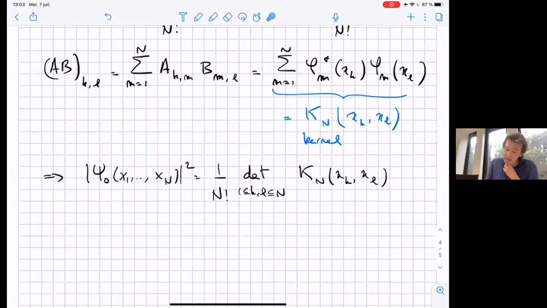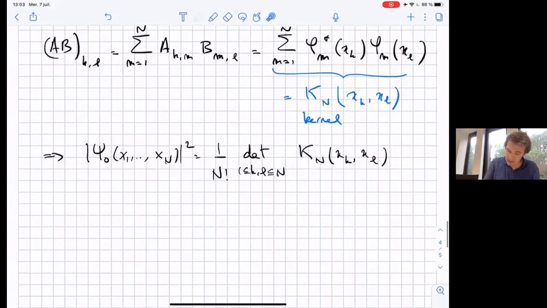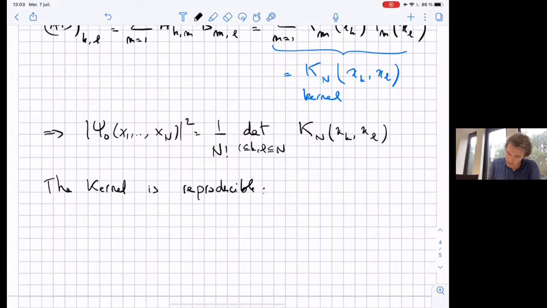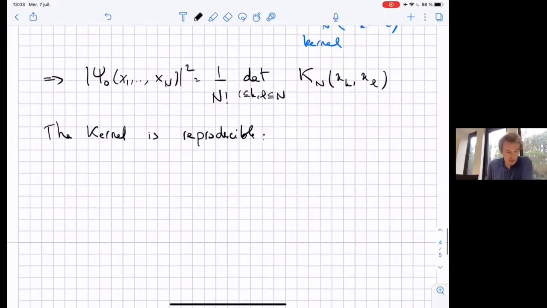Well, it turns out that if you look at this K_n, it satisfies a nice identity, and it turns out that the kernel is reproducible. So what does it mean? Well, it means essentially that it acts as a projector, in the sense of linear algebra.